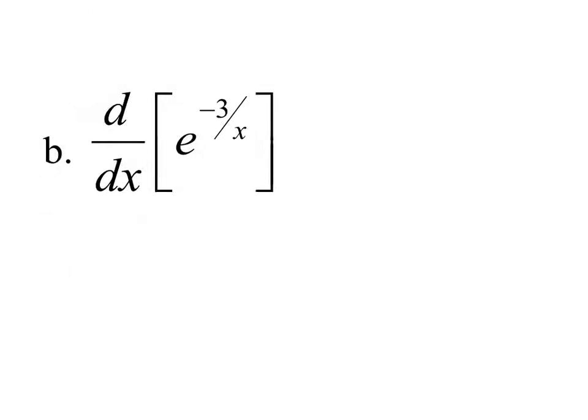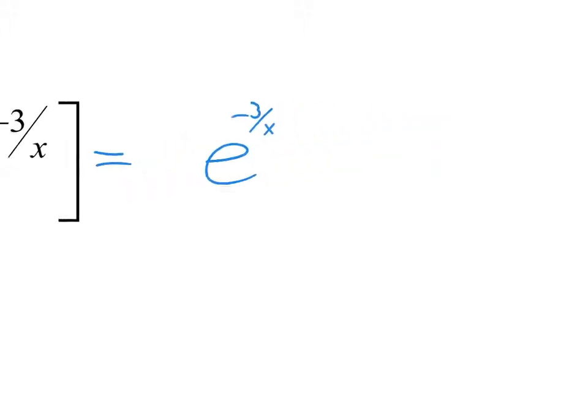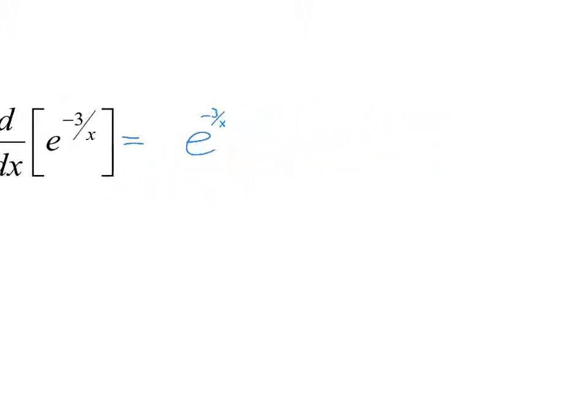Here we have e to the negative 3 over x. E to the 3 over x times negative 3 over x squared. Almost, you're doing the derivative. It would be negative 3x to the negative 1.